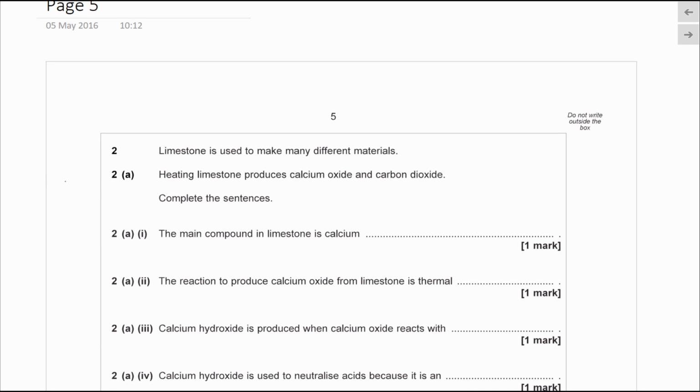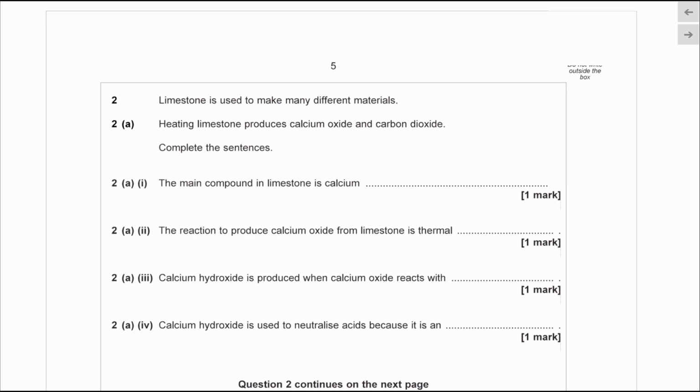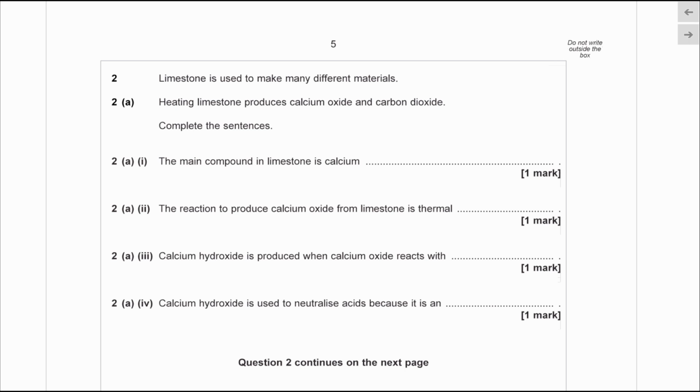Question 2 says limestone is used to make many different materials. That's true. Heating limestone produces calcium oxide and carbon dioxide. Complete the following sentences. The main compound in limestone is calcium, or you should just know that that is calcium carbonate. All right, calcium carbonate. Part 2. The reaction to produce calcium oxide from limestone is a thermal, and that is thermal decomposition, right?